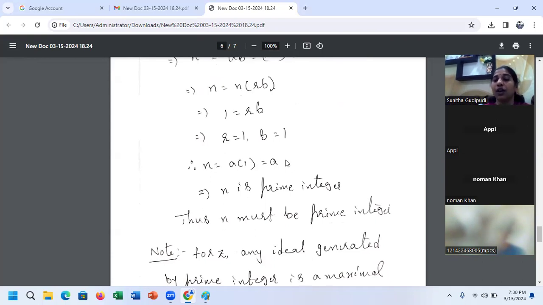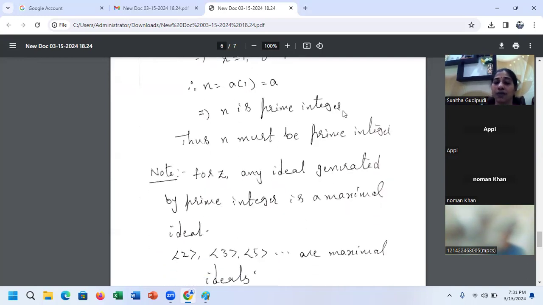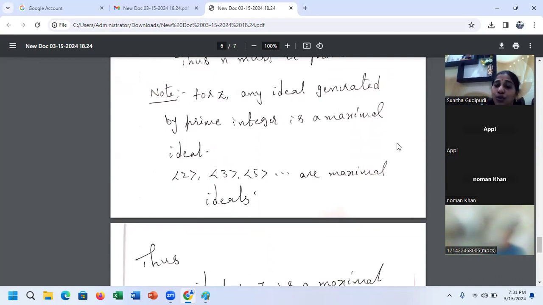So your n is a into 1, which is a in this case. Then what does that mean? Your ideal generated by m, n, that is m is equal to u. Now u is a, the ideal generated by a is our u, and this a is a prime number. So n becomes a prime number here. So thus n must be a prime integer. Whenever you have an ideal generated by a composite number, it can never be a maximal ideal.